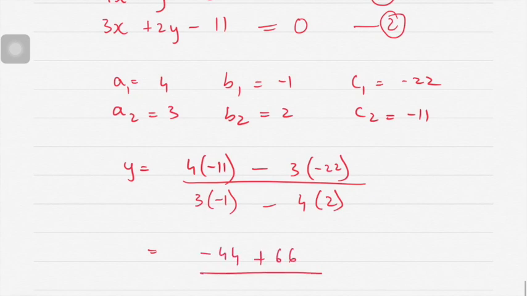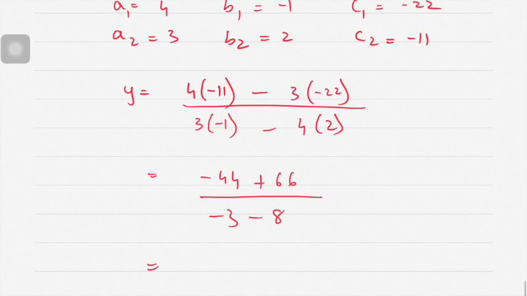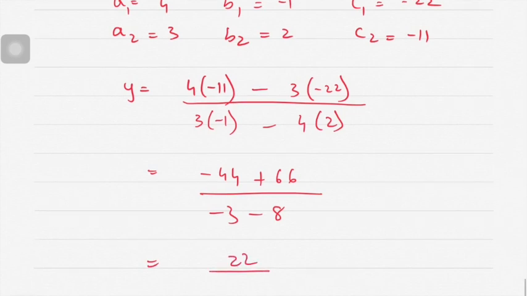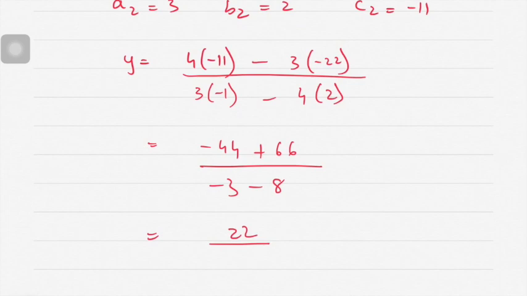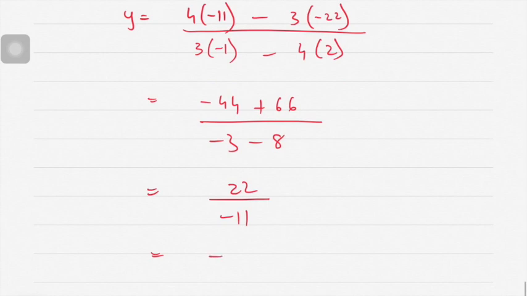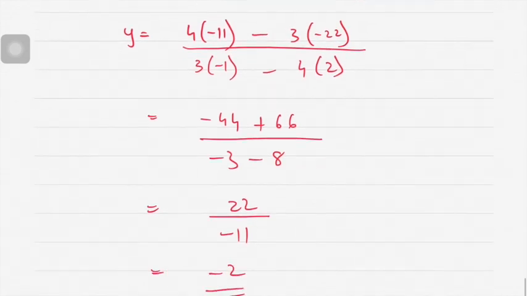Let's calculate this. Minus 44 minus minus plus plus 66 upon minus 3 minus 8. Correct? So minus 44 plus 66 is 22 upon minus 3 minus 8 is minus 11.